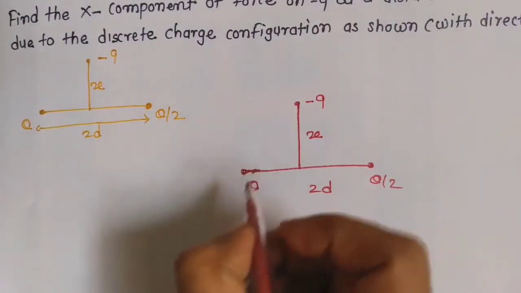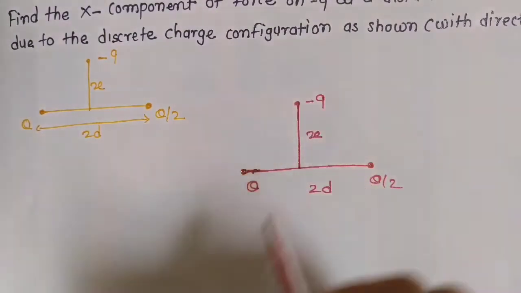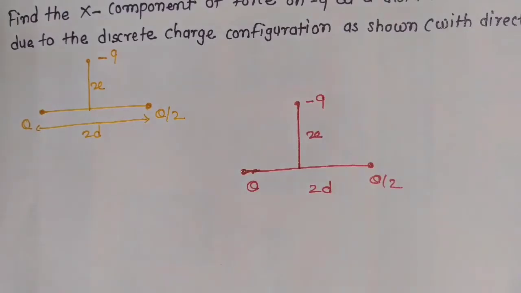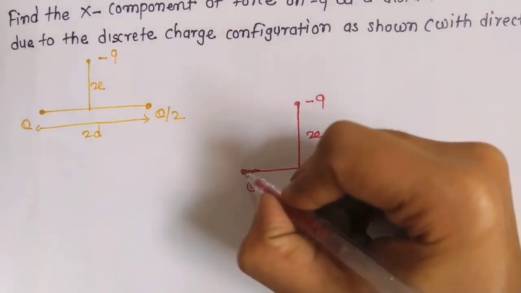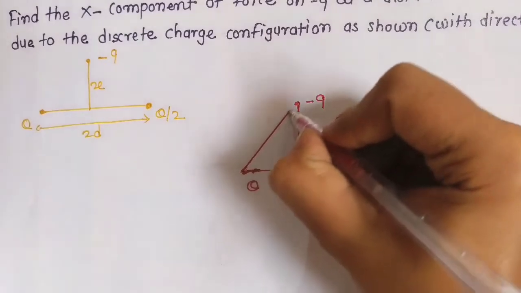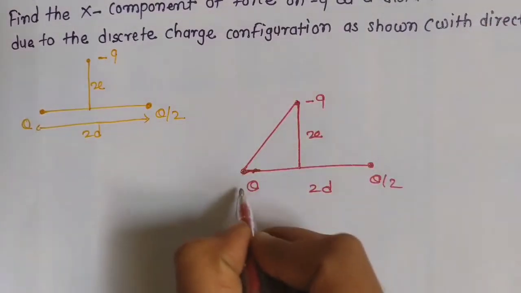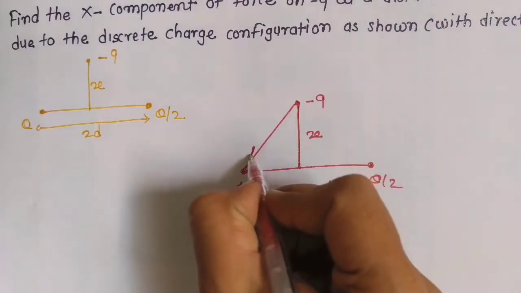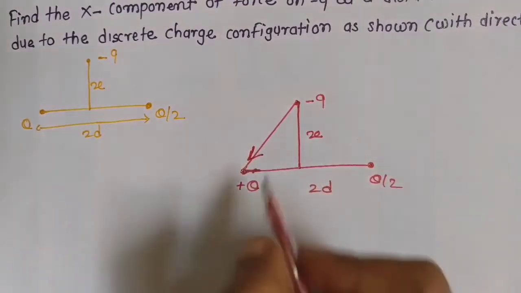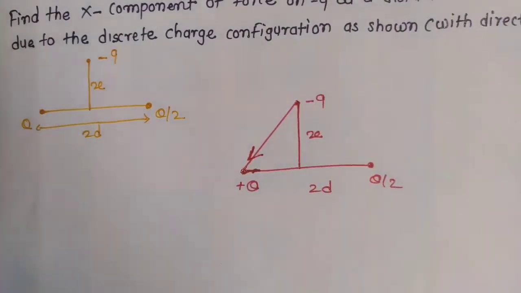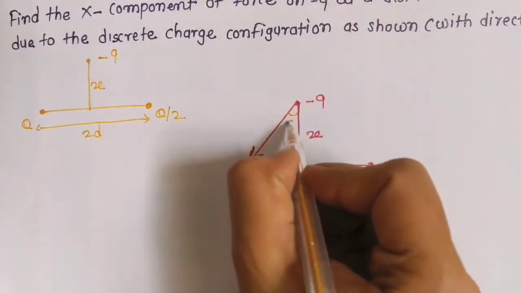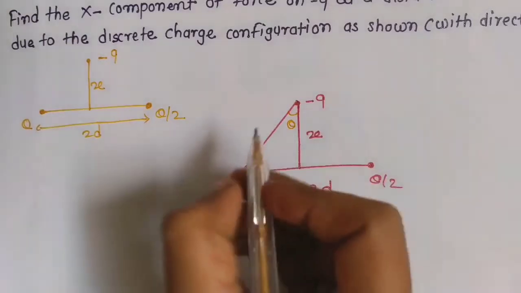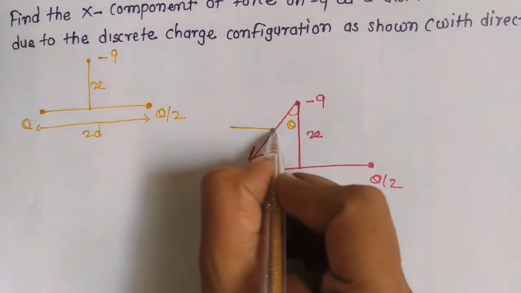So this charge is plus q, this charge is minus q, therefore they attract each other, and the direction of the force is towards the charge. So the force due to this plus q is towards the charge, in this direction, and it makes an angle theta here, and this force is resolved into two components.